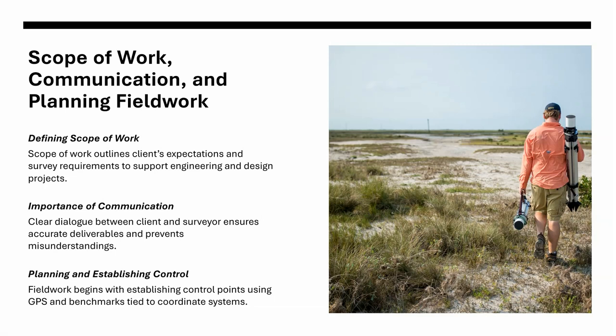Show all existing buildings, utilities, drainage features, and vegetation. Provide contours at 1 foot intervals tied to NAVD 88 elevations and horizontal control tied to Texas State Plane coordinates. In that sentence, the client has already told us the purpose and the expectations. This is not a resurvey to confirm title. This is a current condition survey to support engineering and design.